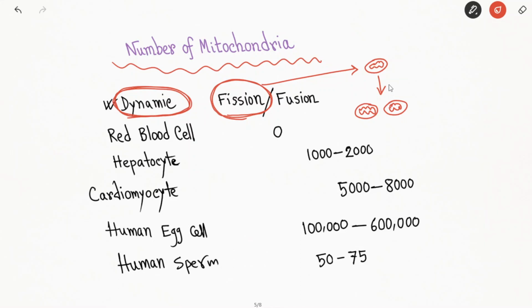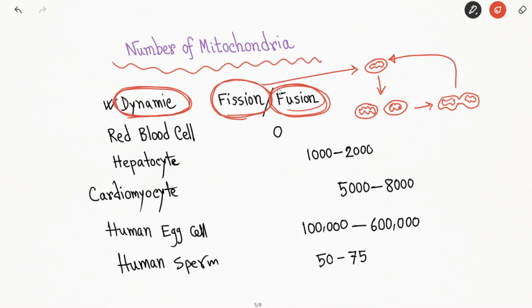Similarly, if there is a requirement to decrease the number of mitochondria, two mitochondria can fuse together and make one. This process is called fusion. Through fusion, mitochondria can decrease their number.